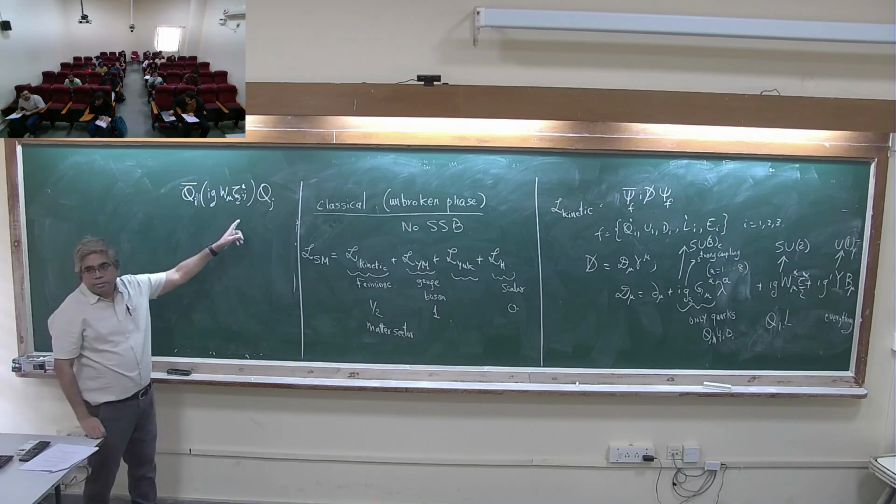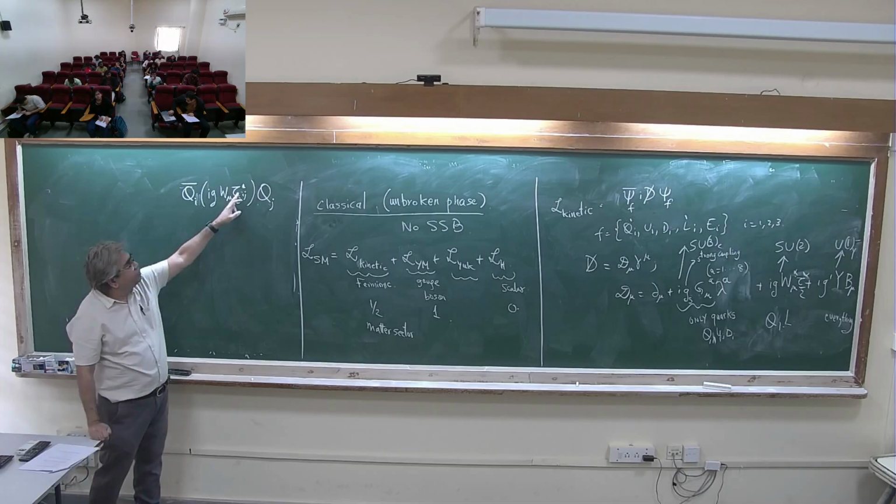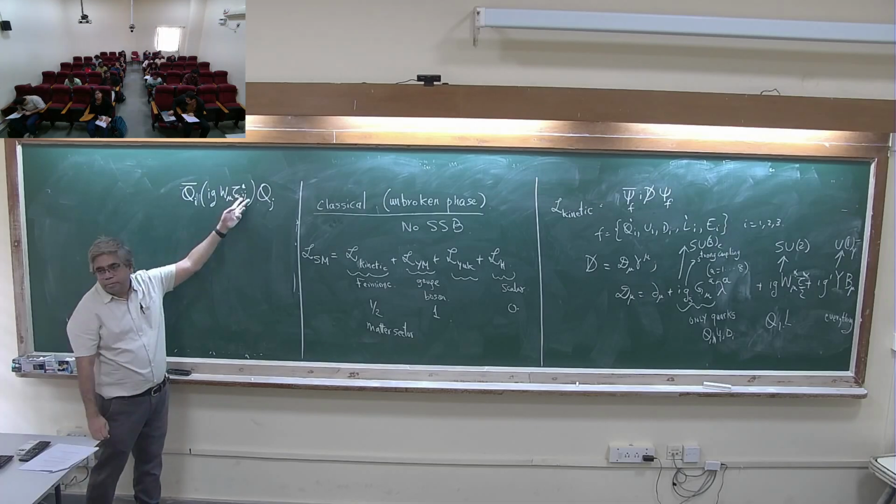Now, what does this give you? Again, remember tau. You all know your sigma max is very easy to write down. So it gives you two of them in the off diagonal. So there are two off diagonal entries. So what does it do?